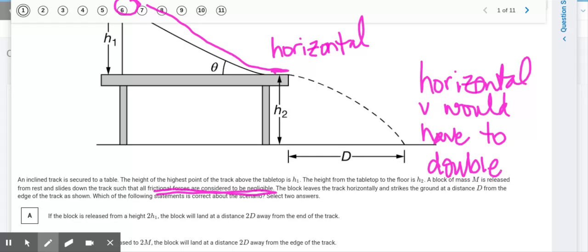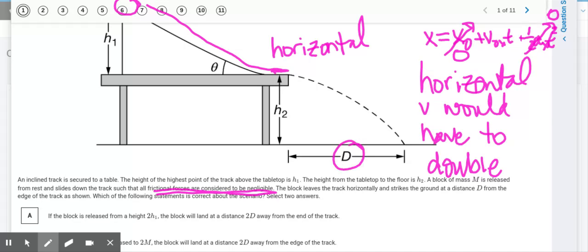And because we would have x equals x naught plus v naught x t plus 1/2 a x t squared, that goes away to 0 because there is no acceleration. So basically our x, or our d, is equal to this speed here times t.